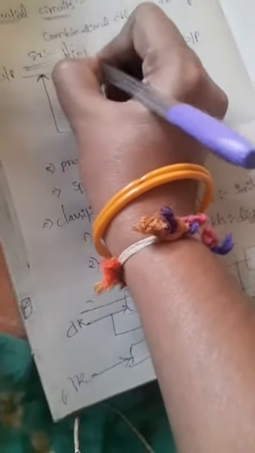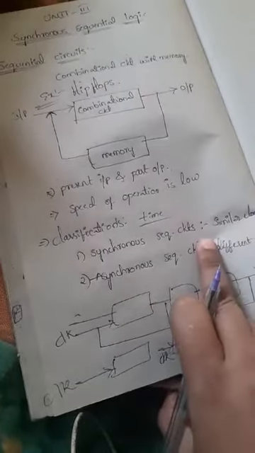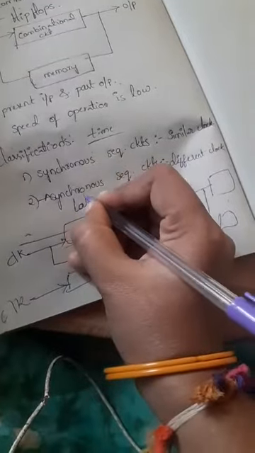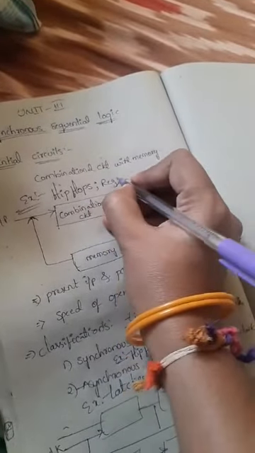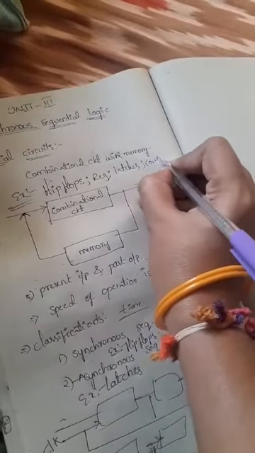The best example for synchronous sequential circuits is flip-flops, and the best example for asynchronous sequential circuits is latches. For general sequential circuits, the examples are flip-flops, registers, latches, and counters.